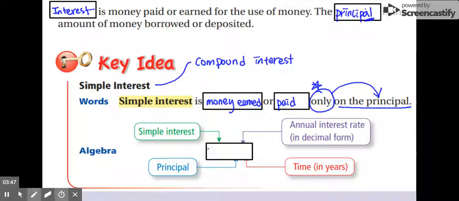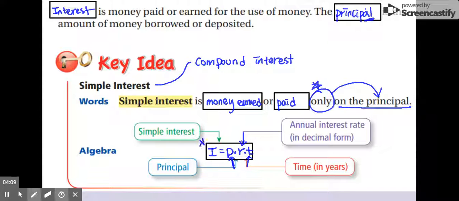So simple interest, there's a formula. So you're going to multiply the principal to the rate, which is the percent annual interest rate, which is R, and principal is here, P, and the amount of time. If you multiply these three things, then you will get the interest.